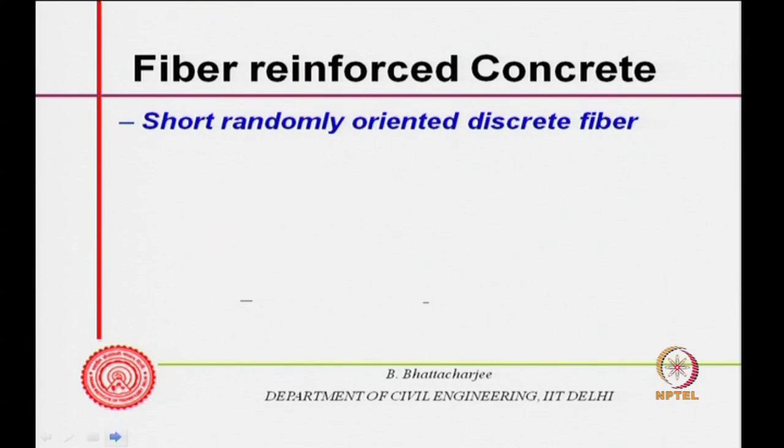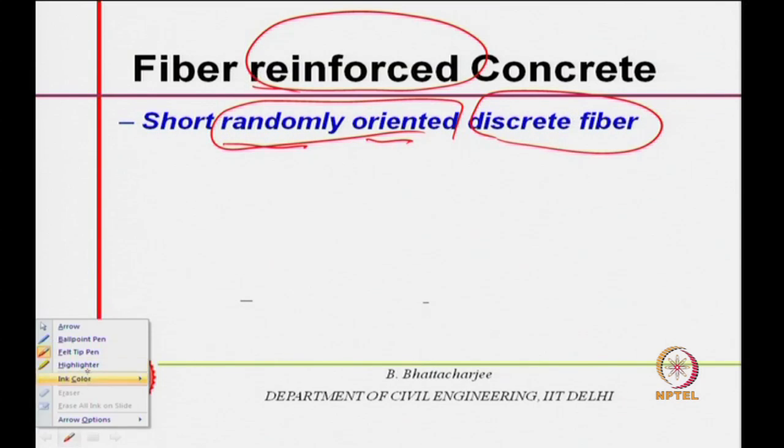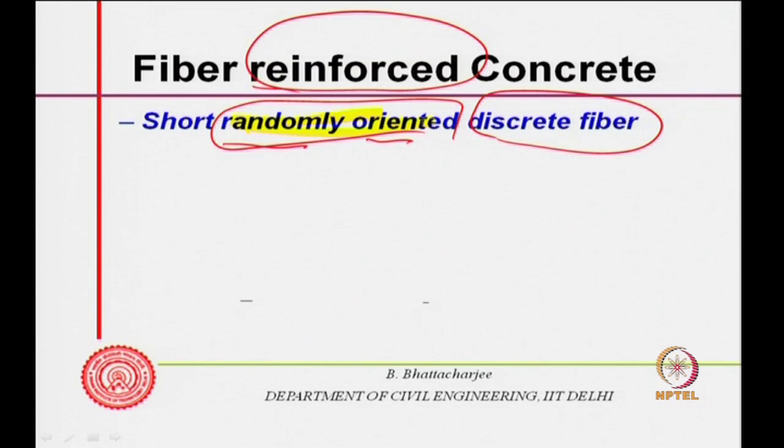Now, when we are talking of fiber reinforced concrete, we are essentially talking of short randomly oriented discrete fibers. They are not aligned. I mean, you can align them, and if you do, then it will be very good.